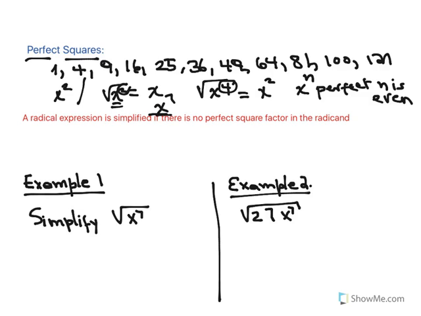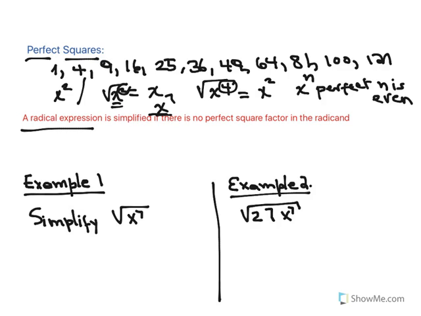Okay, so how do we use the property of radicals to simplify radicals? Well, a radical expression is going to be considered simplified if there are no perfect squares in the radicand. Okay? So we have to eliminate all the perfect squares in the radical.